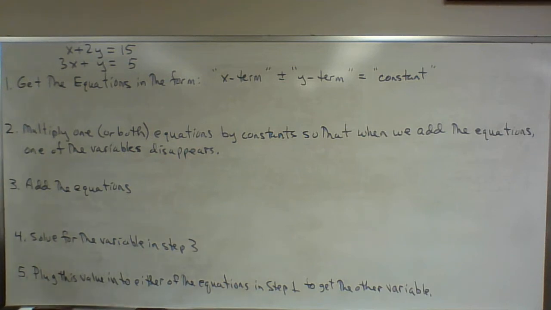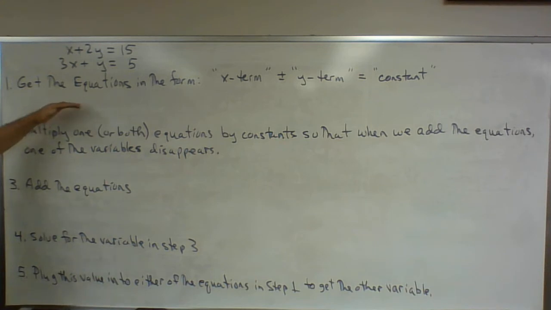Okay, how are we going to do this? Well, I think what I'll do is I'll just multiply the first equation by negative 3. If I multiply the first equation by negative 3, that will give me negative 3x plus 3x is 0.